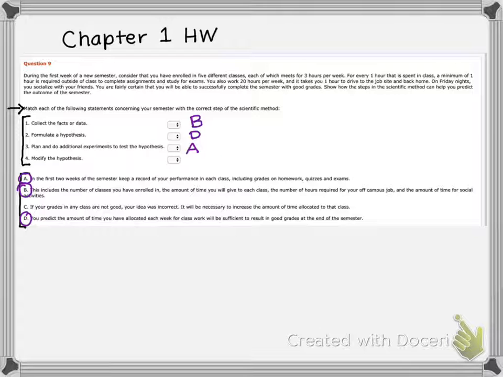and we'd have to modify our hypothesis, which would be letter C. If our grades in any class are not good, my idea was not correct, and it will be necessary for me to increase the amount of time allocated. So then I would have to revamp what I thought I was doing. And if you think about yourself as a student, you may have already gone through some thought processes like this.